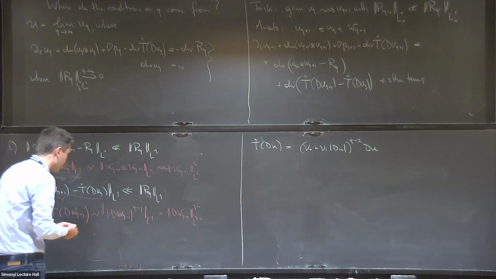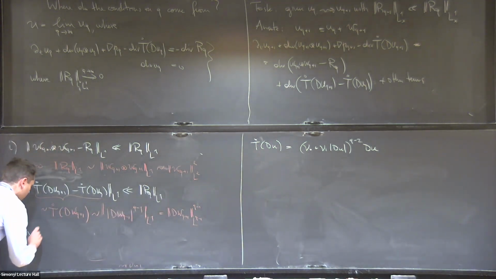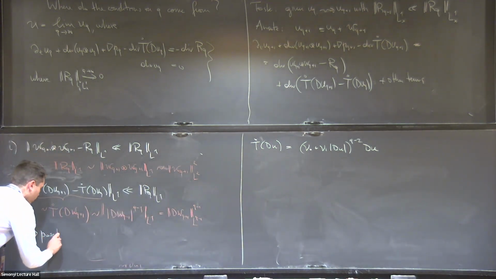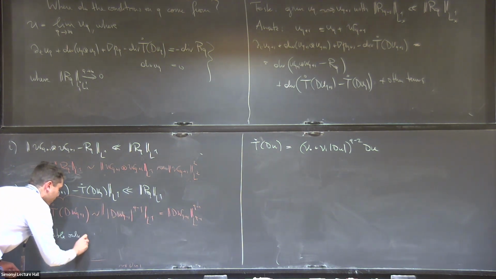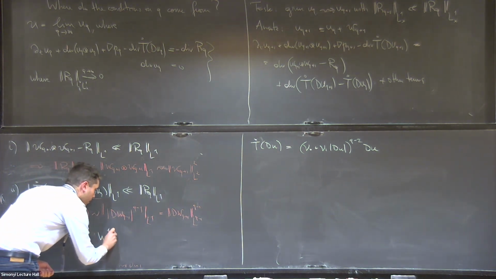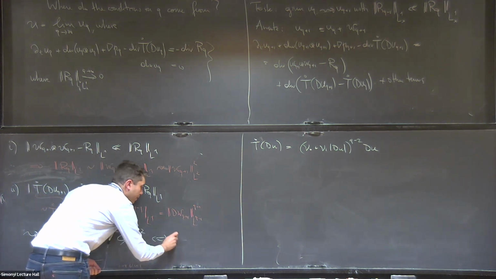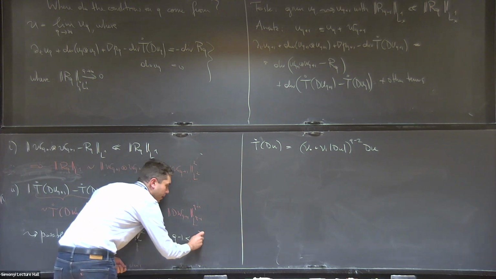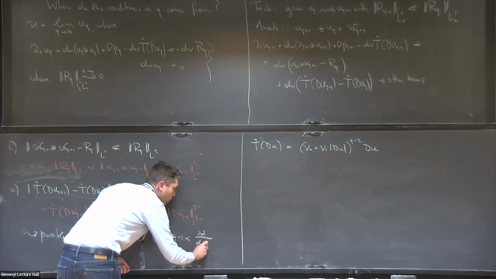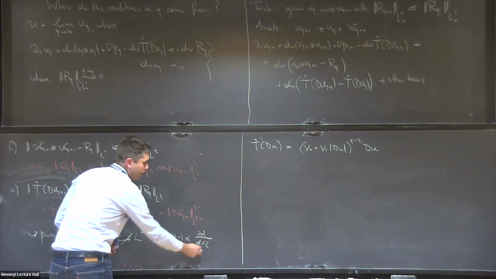Otherwise, it's not possible. And this happens if q minus 1 is less than 2d divided by d plus 2, which means q less than this plus 1.